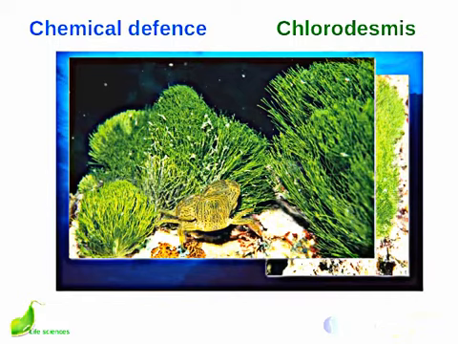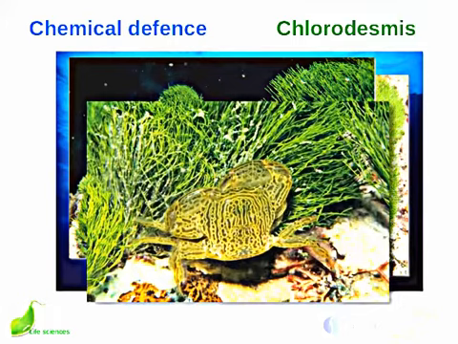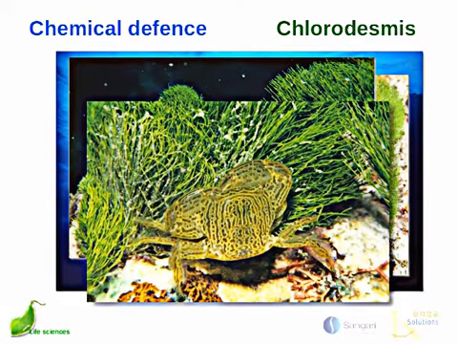There's a small crab, Caphra rotundifrons, which is adapted to take advantage of the protection offered by chlorodesmus. And taken out of their chlorodesmus patch, these crabs are quickly eaten by fish. So chemical defense is not only good for the plant, but other organisms also can benefit from it.